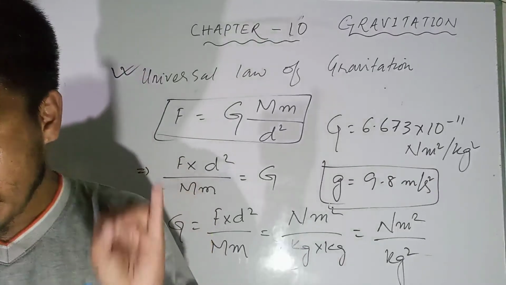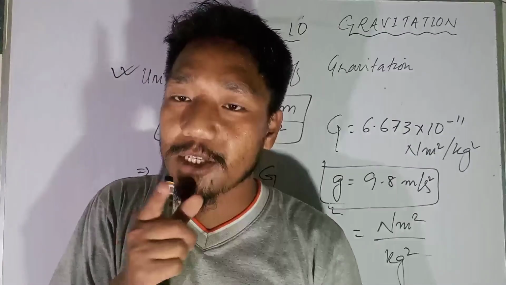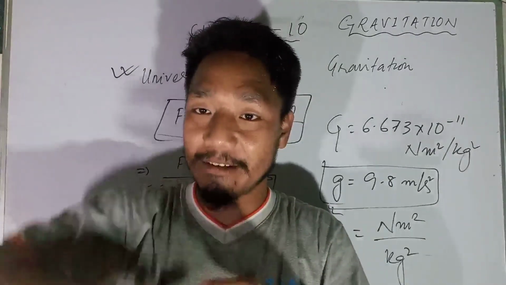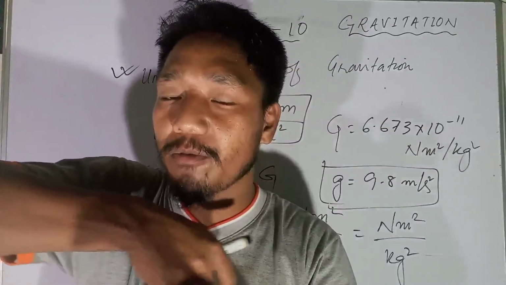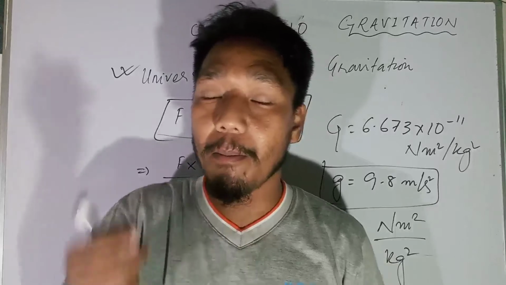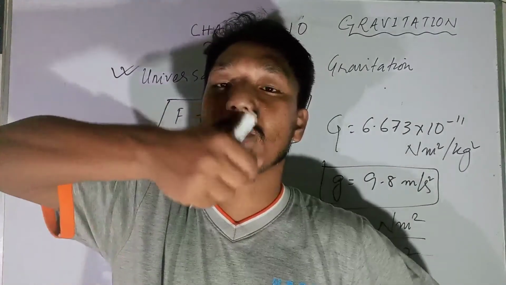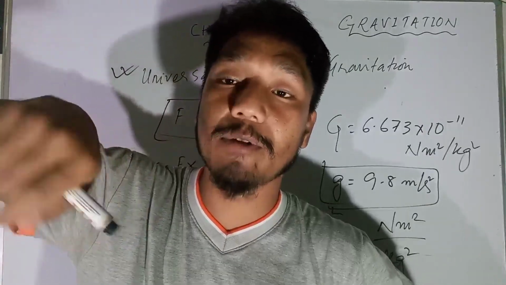Second is the motion of the moon around the earth. If gravitation is not there, the moon will not rotate around the earth, right? Similarly, next is the motion of the planets revolving around the sun. If gravitation is not there, the planets will not revolve around the sun.